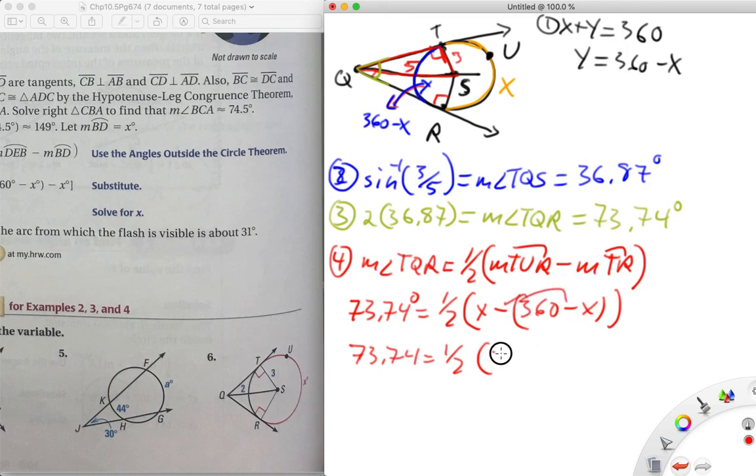So that's plus X, so this is going to be 2X minus 360.